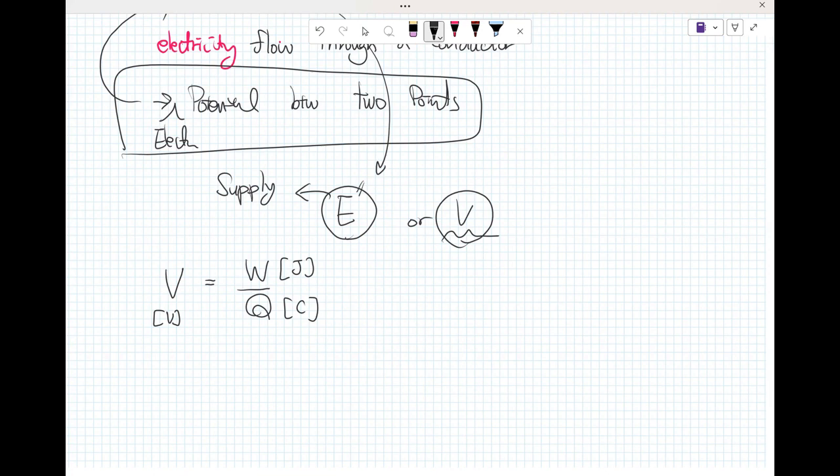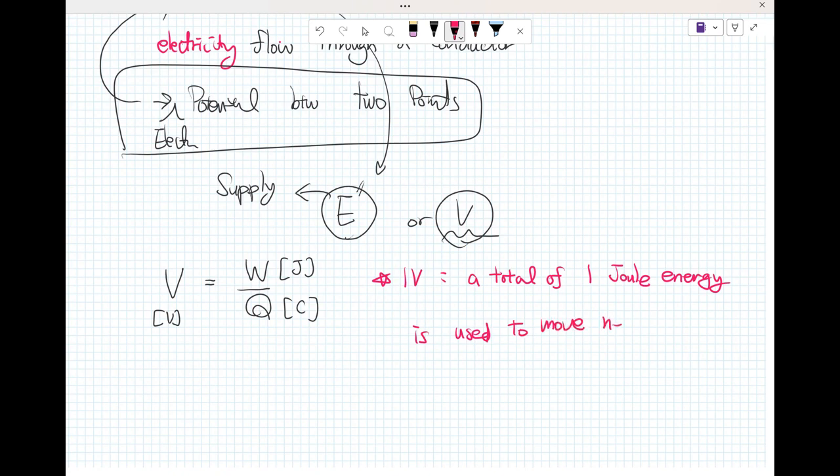So 1 volt means 1 joule of energy is used to move a negative charge, that is electrons, of 1 coulomb.